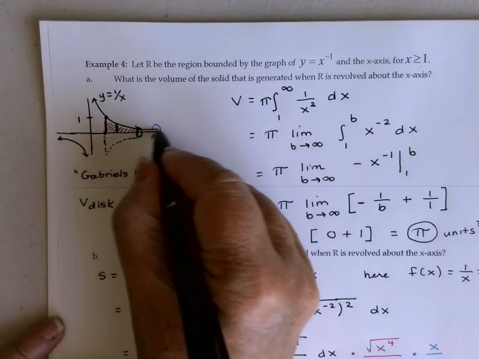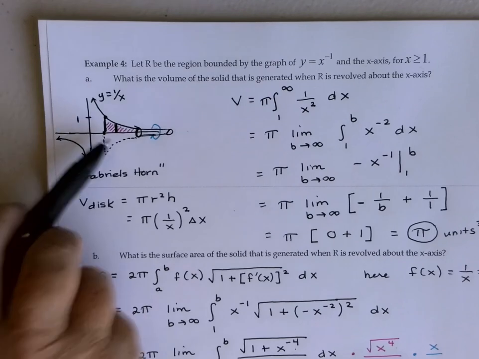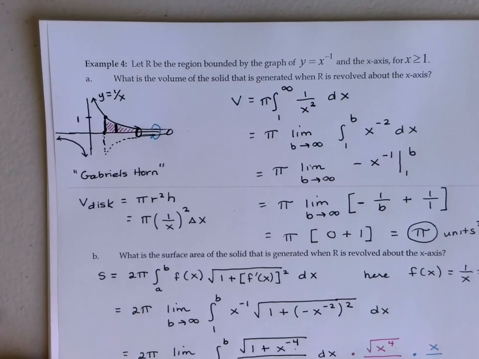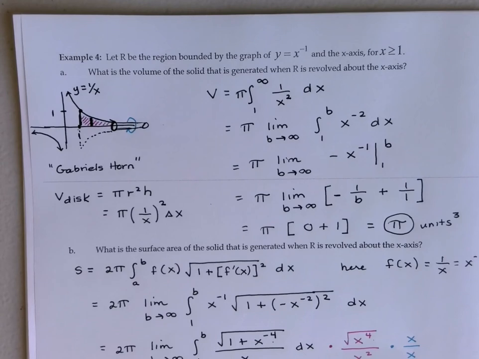Again, this really goes on forever, keeps on going out here. It's got a finite volume, so I could fill it up with paint, but it's got an infinite surface area, so I could never paint it. It's kind of an interesting paradox. I'm going to leave you with that paradox for this video, and we'll come back and finish the section in the next one.